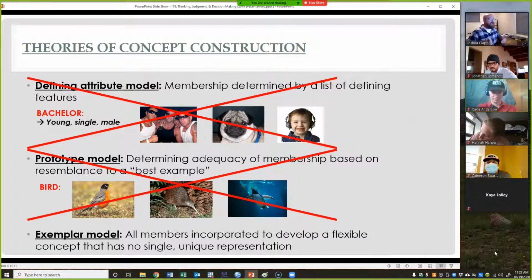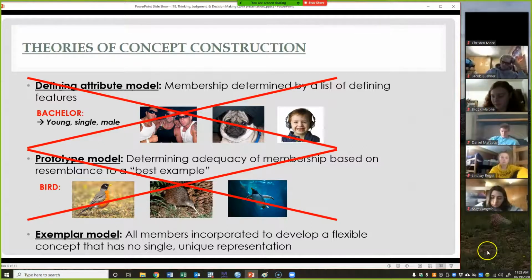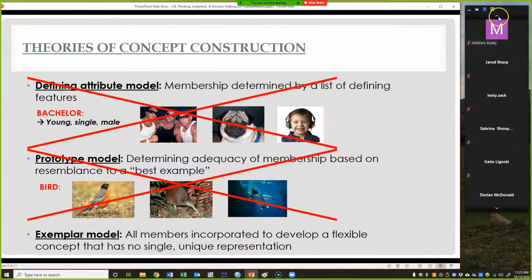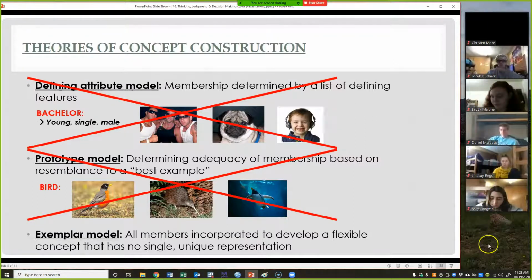And so if I encounter something new, I take all those examples and ask, does this fit within this category? And then make a determination from there. So for example, for the idea of game, right? Over the course of your lifetime you have a great number of things that you identify as games.